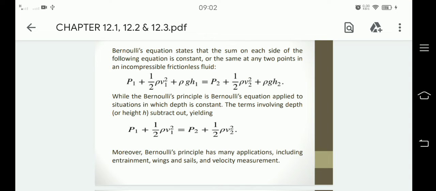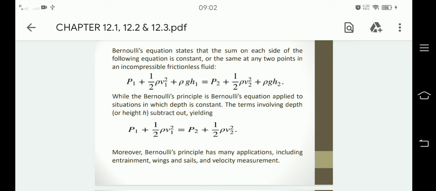While in wings and sails, the airplane wing is a beautiful example of Bernoulli's principle in action. So the wing is tilted upward at a small angle and the upper surface is longer, causing air to flow faster over it. The pressure on top of the wing is therefore reduced, creating a net upward force or lift.